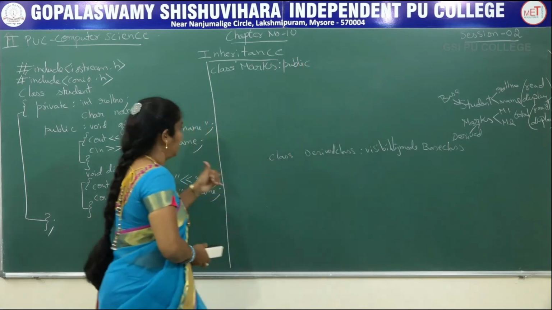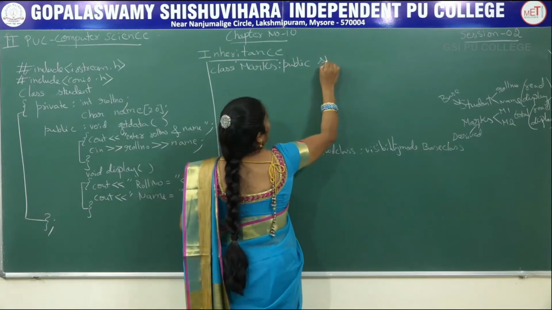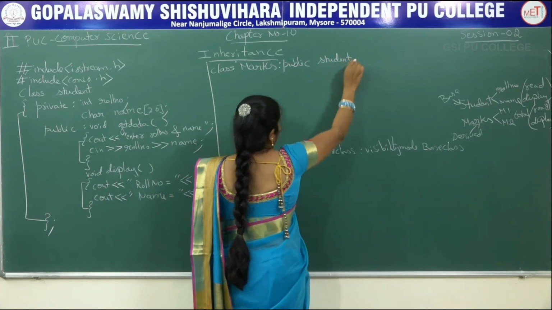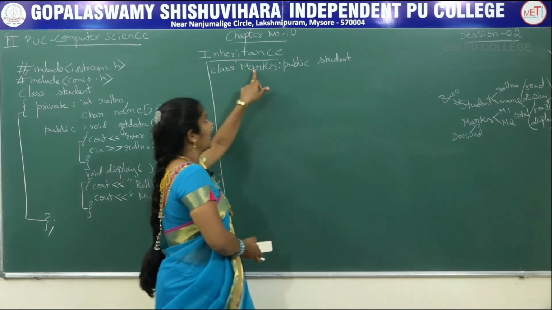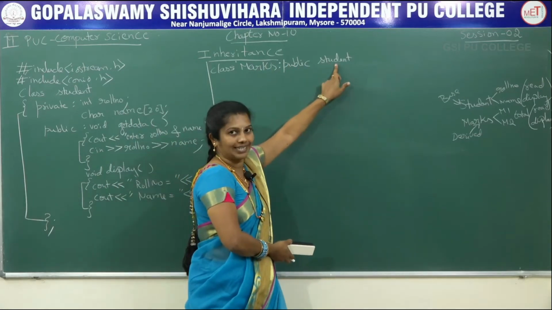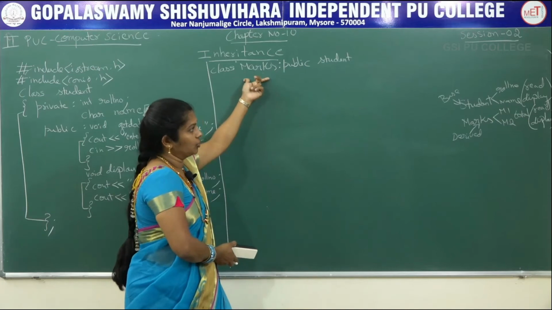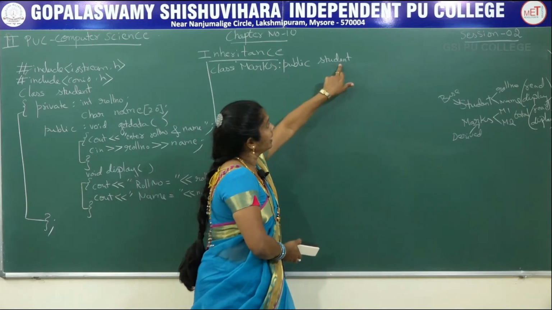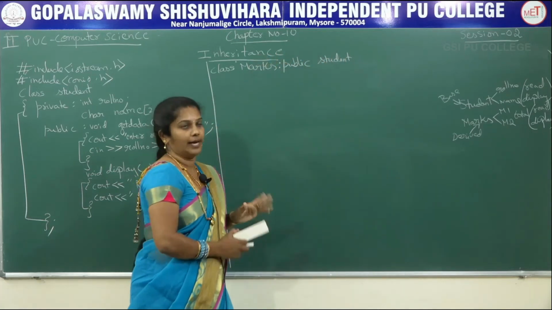What is the base class here? The base class is student. Now is it clear? From this I am creating a new class called marks. This marks acquires the properties of the base class, that is student.